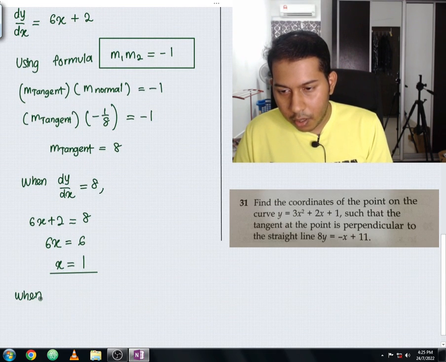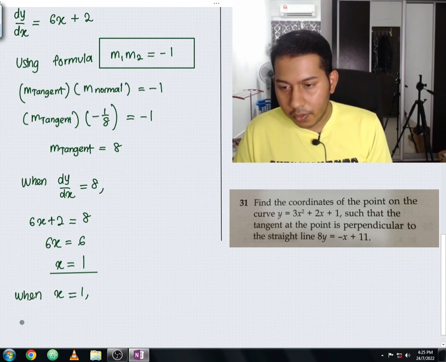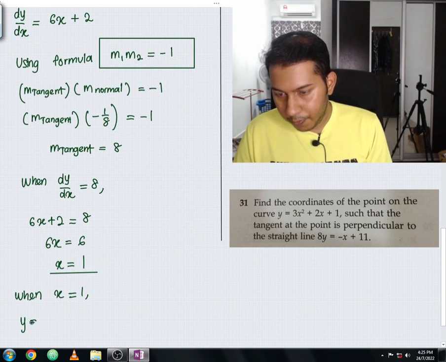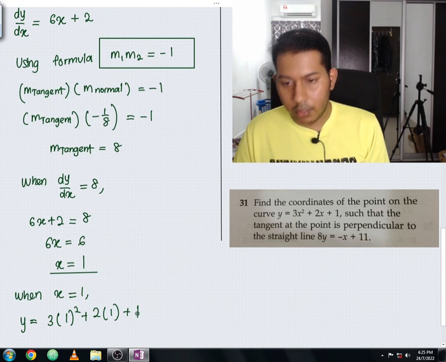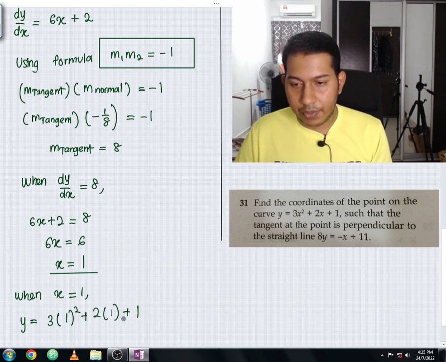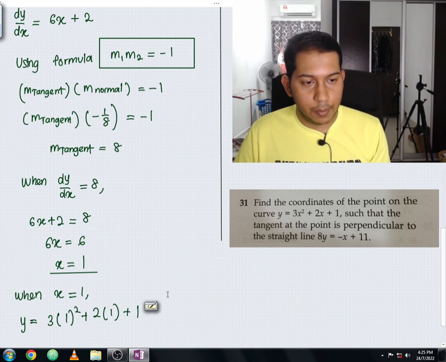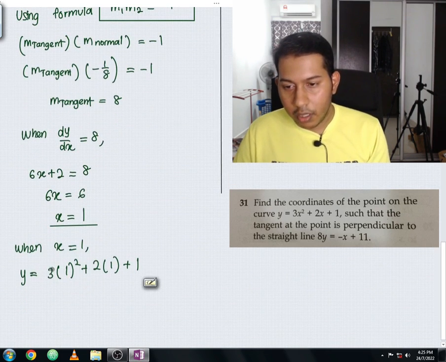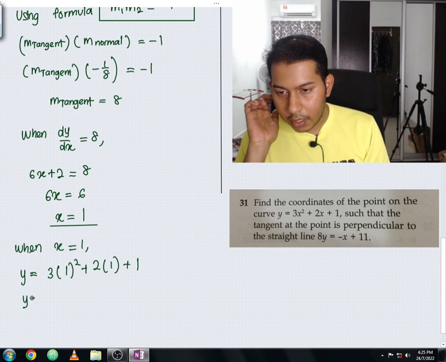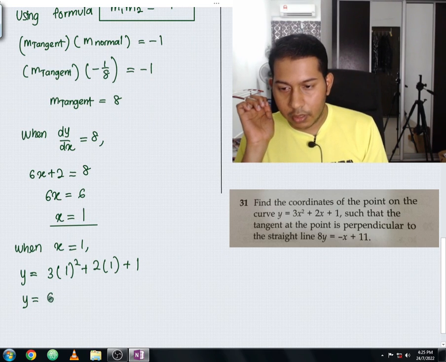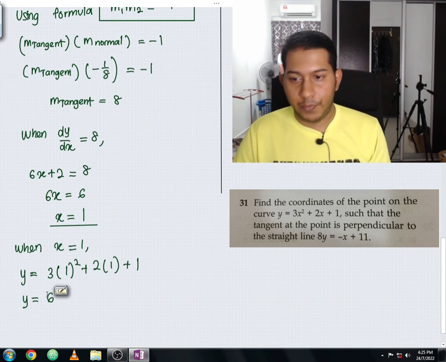When x is equal to 1, you substitute this into y. So from here y is equal to 3 times bracket 1 squared plus 2 times bracket 1 plus 1. So you substitute the x into the y equation. So from here 3 plus 2 plus 1. So from here you get y equal to 6.